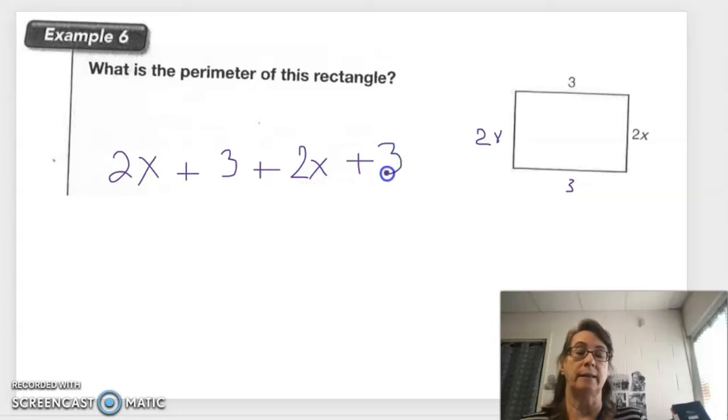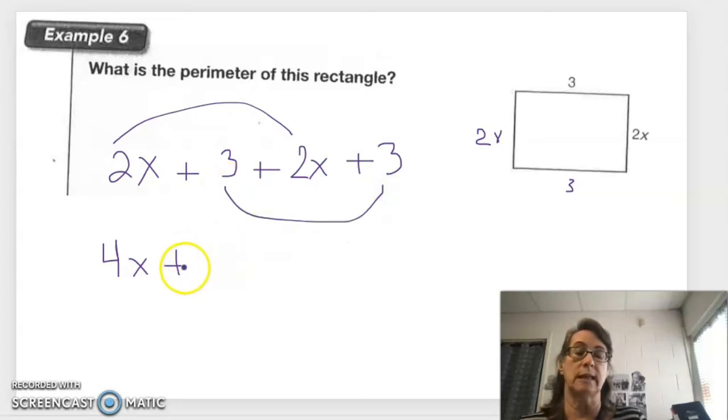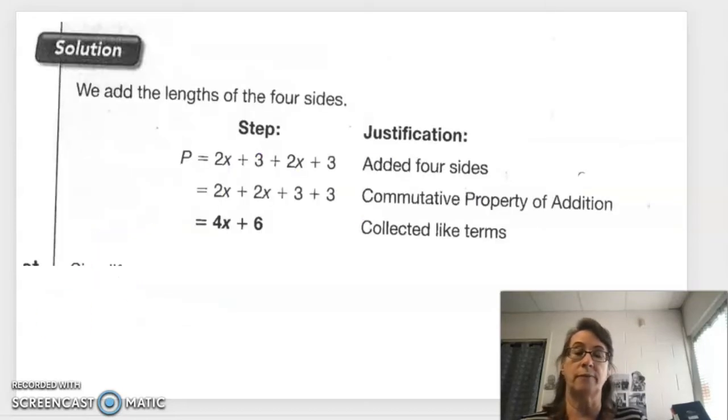If we were adding them in order, the 2x and the 2x are the same like terms, so we add the 2 and the 2 together to get 4x, plus the 3 and the 3 are both constants, like terms, and we add those together. 4x plus 6 would be the perimeter of the triangle, which they show you there.